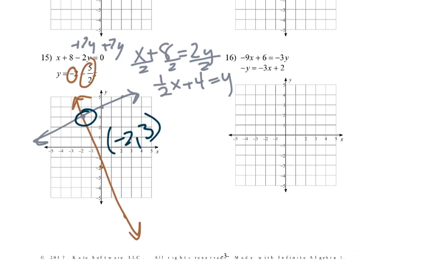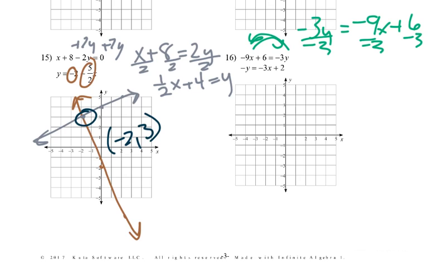Alright, now let's do one more and then give you some time to work on it, okay? So 16, I could rewrite that in this format, just swap sides with them, but we're going to have to divide by negative 3. So we get y equals positive 3x minus 2.